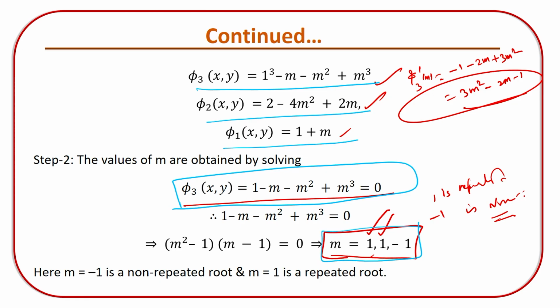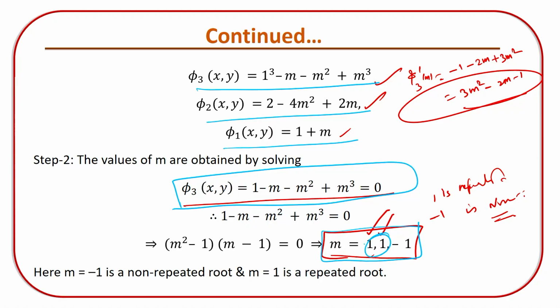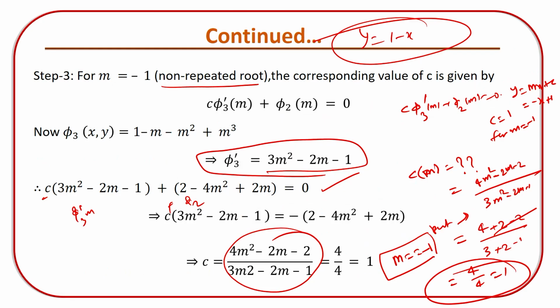With those values of m, I have to identify the repeated and non-repeated roots. 1 is the repeated root while minus 1 is the non-repeated root, and therefore, for the non-repeated root I have to use the formula c phi 3 dash(m) plus phi 2(m), where phi 3 dash(m) is not equal to 0.